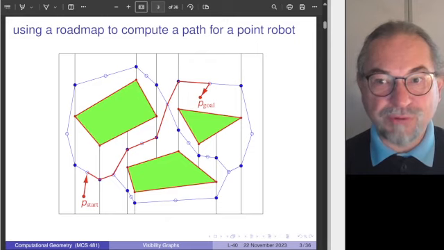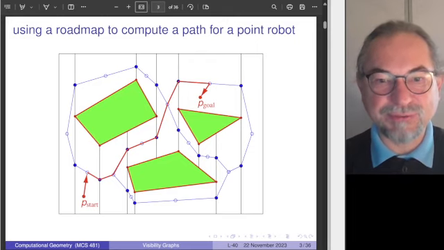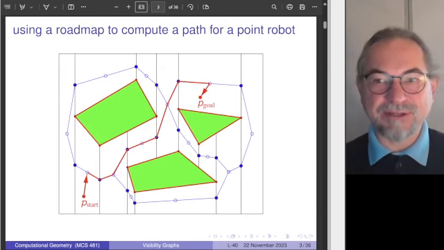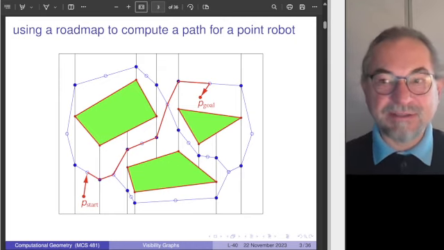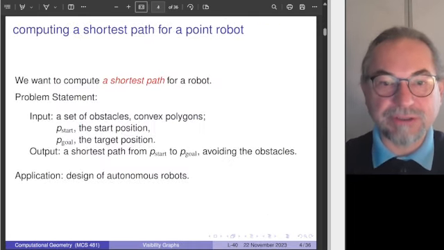Fine, problem solved, but if you would see this in practice, you actually see that this is kind of a crooked path and actually not so satisfactory. So in this lecture, we are interested in finding the shortest path.